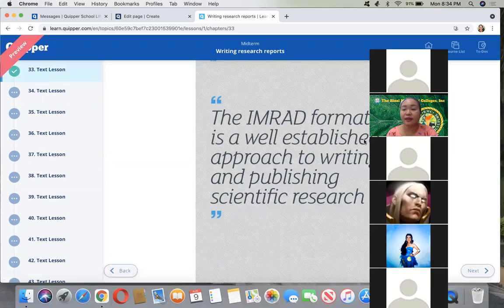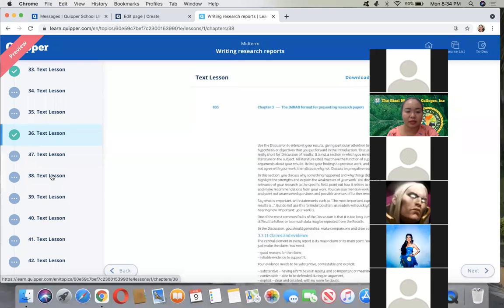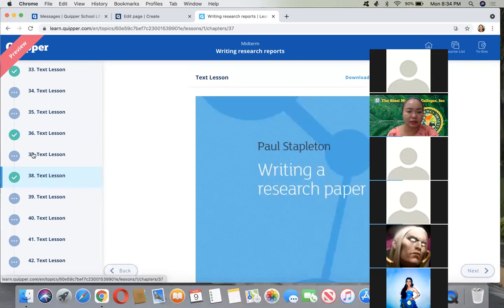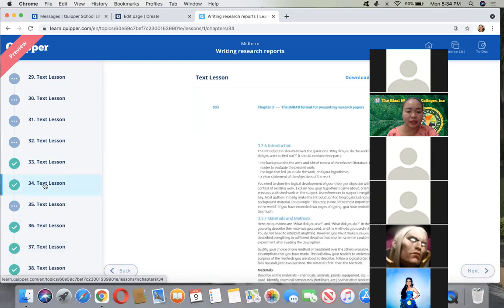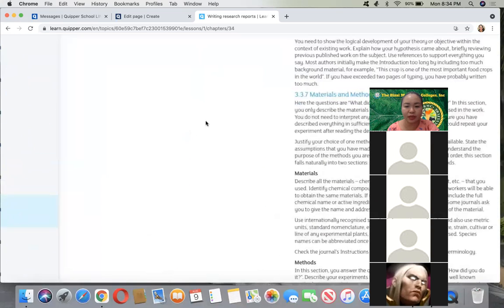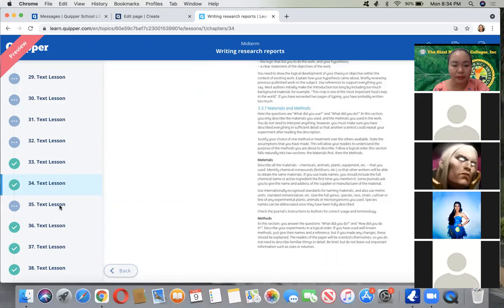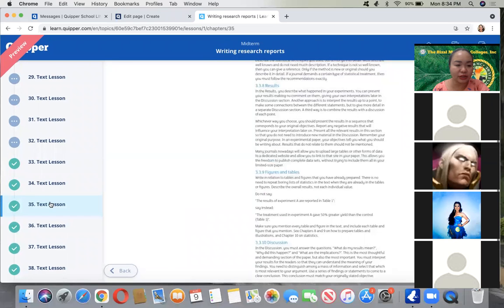As I have promised, before we continue with our discussion about IMRAD, I think we've done the different methods: introduction, materials and methods, results, figures, tables, and discussion.